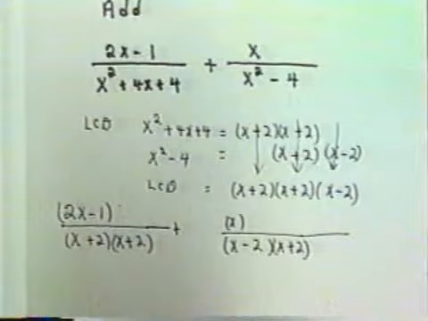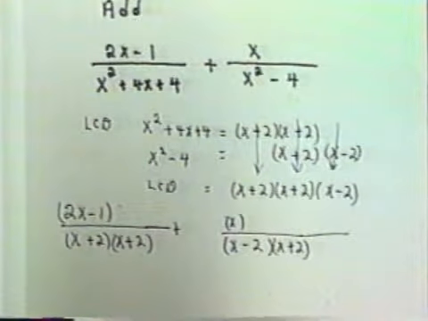Now take time and look at the screen to see what I've done. All I have done is recopy the problem and leave space to multiply. I really haven't left as much space as I should have on the first one, but anyway, I've left space.